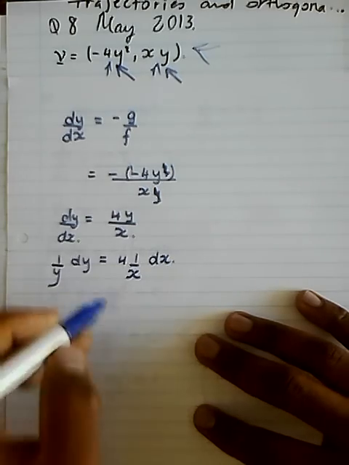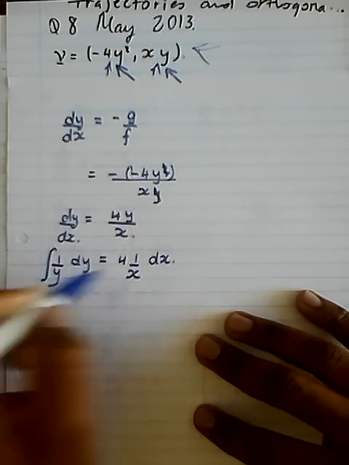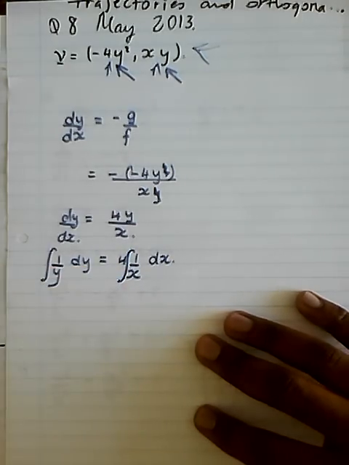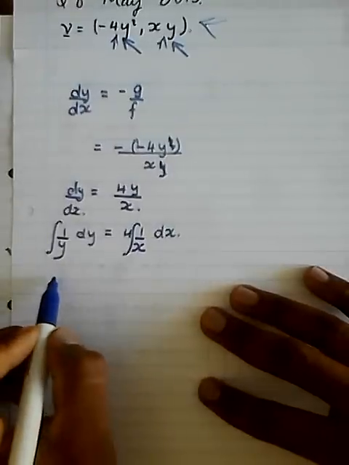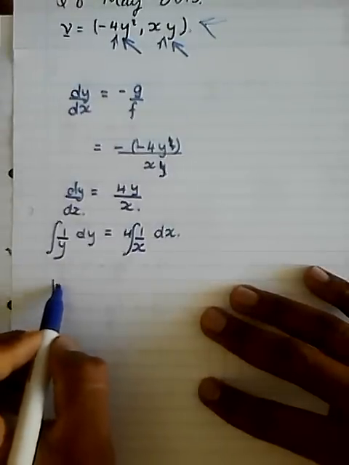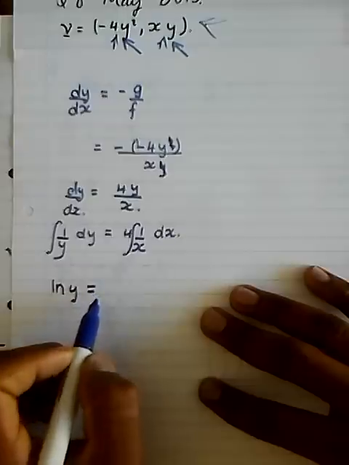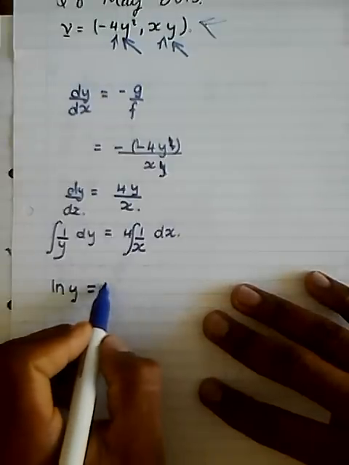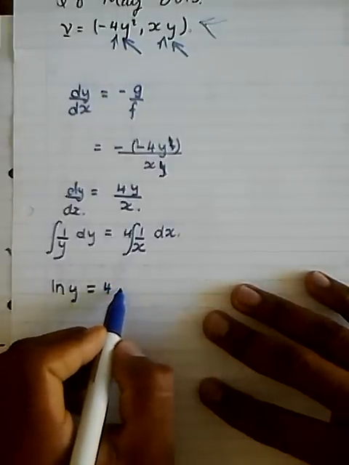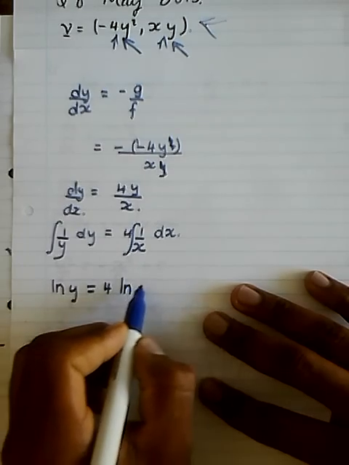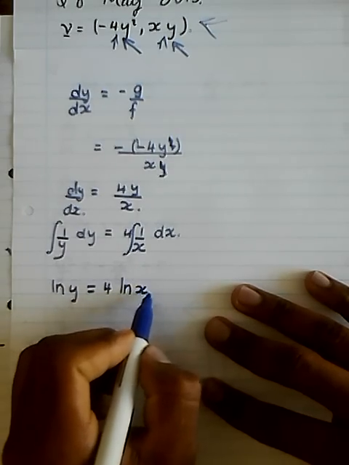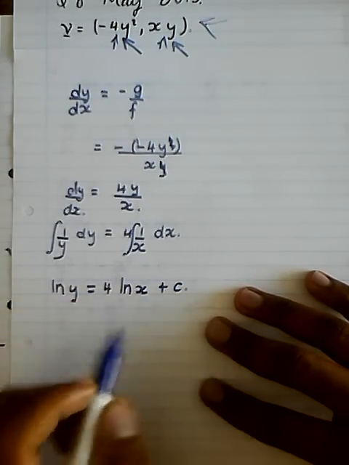Again we can integrate both sides, and what we get is the natural logarithm of y is equal to 4 natural logarithm of x plus c.